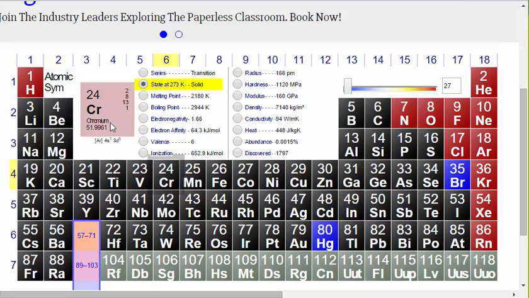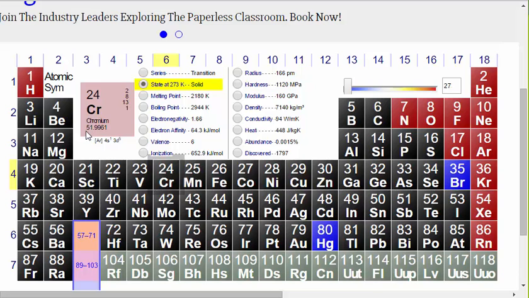So for example, notice chromium has 51.9961, and it should have 24 protons. So if I look at the difference between 24 and 52, it's 28.